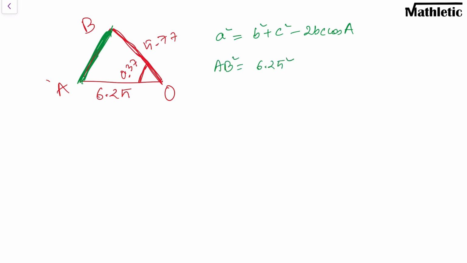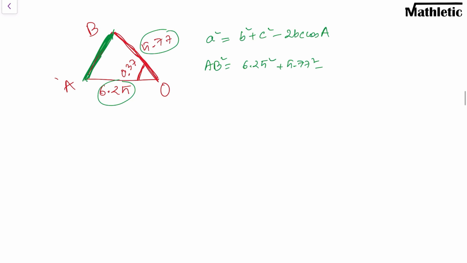So 6.25 square plus 5.77 square minus 2 into 6.25 into 5.77 cos of 0.37, and then you just need to take the square root on the right side, which will be a root over this entire equation.